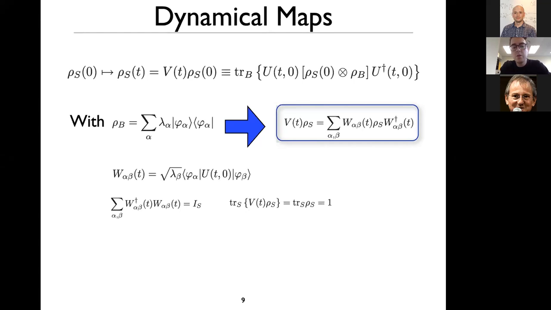You can see that in the following way. Below, I've defined this operator called W. We have our unitary time evolution operator, and we're sandwiching it between these states phi alpha and phi beta, which belong to our environment B. Because we're sandwiching it between these two states, you can tell that this operator will only act on our open system.